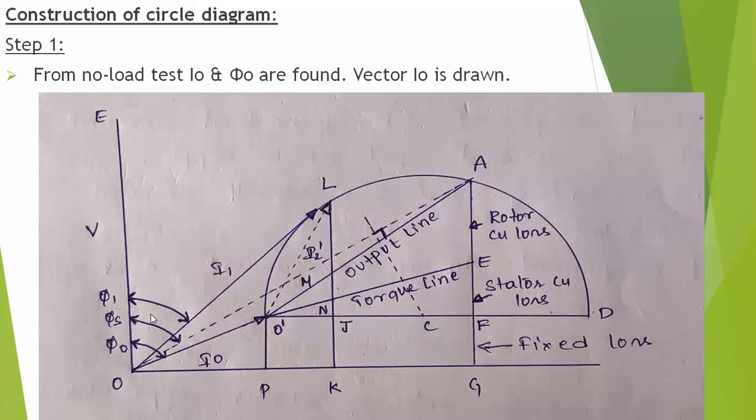When we bisect the chord of the circle at a right angle, at 90 degrees, with these dotted lines, it bisects the chord O dash A and it gives the point C here.